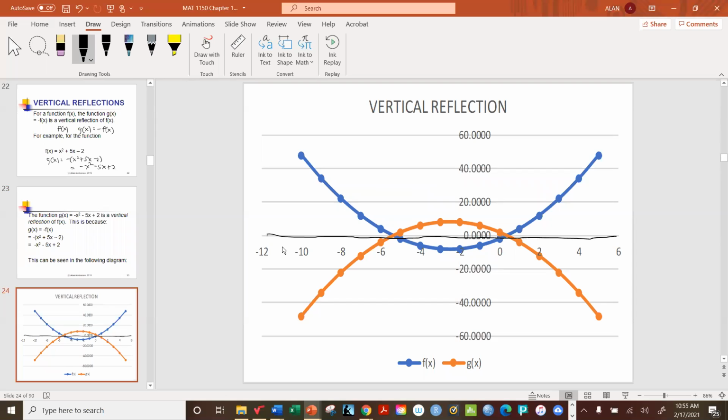Now, they don't have to overlap like this. That just depends on what particular functions you've got. You could have something like this too. It just so happens that these do overlap, but it doesn't always work that way.